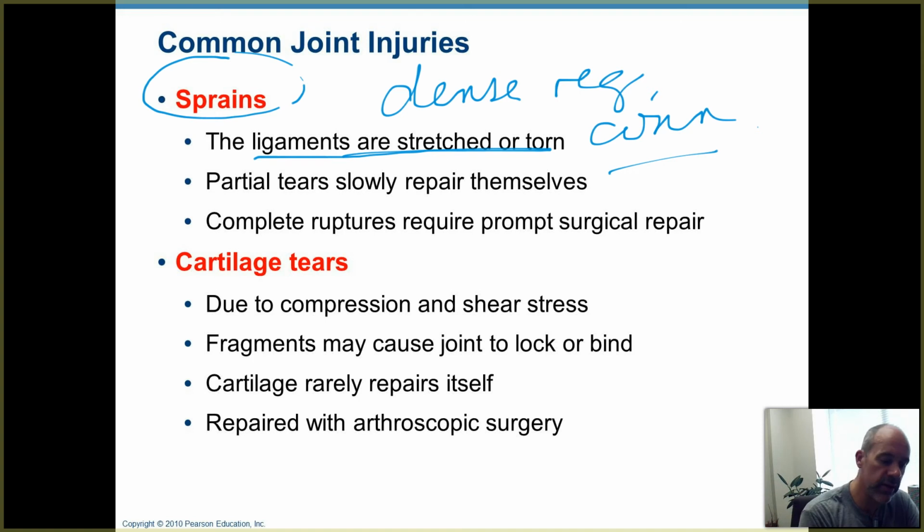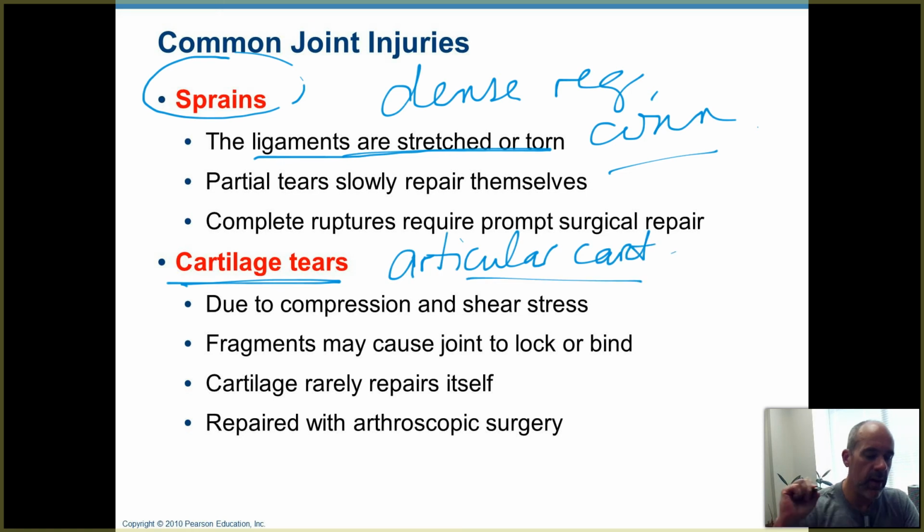Okay, cartilage can also be torn. The articular cartilages at joints can be torn or injured due to compressive forces. As you get older, these types of things are more likely to happen. Or shearing, like if a joint takes a blow and the cartilages get ripped or torn.